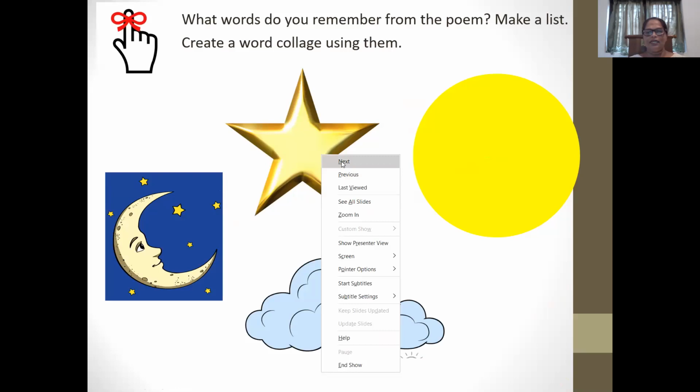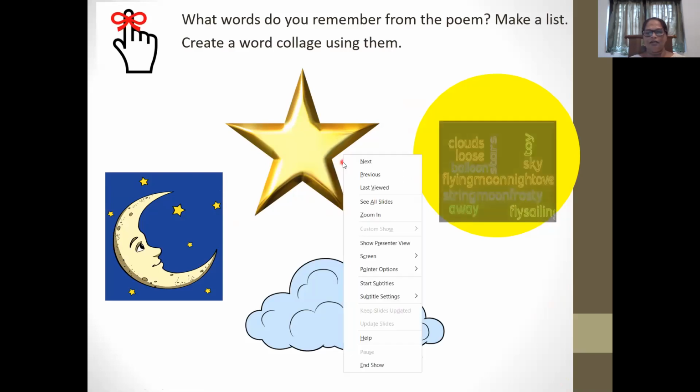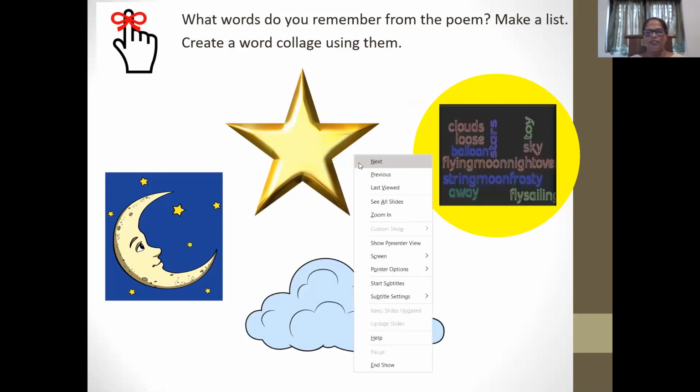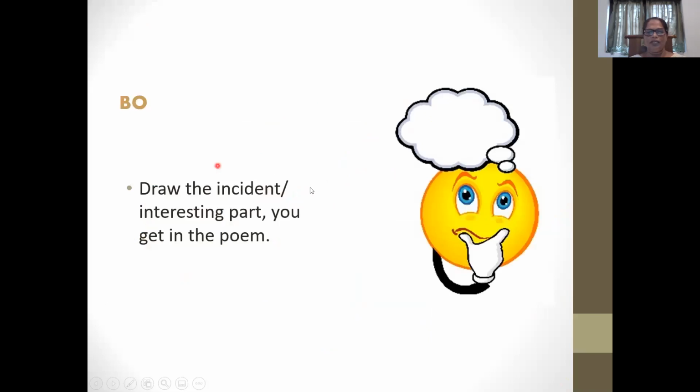No need to write or draw the whole thing, but part can be taken. Draw a beautiful picture which gives the idea of the poem. That is the image the poet creates in your mind.